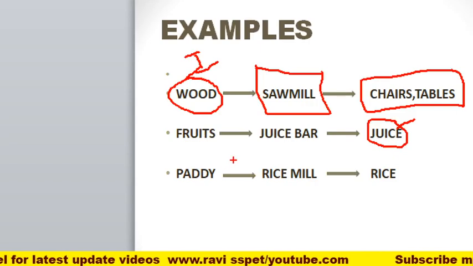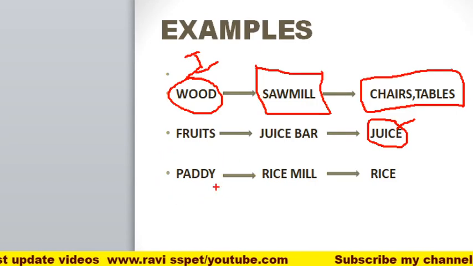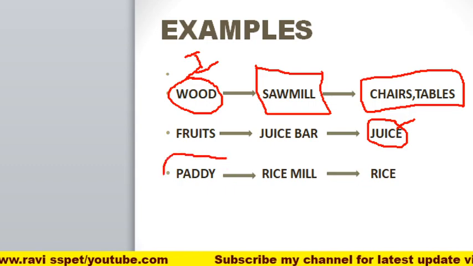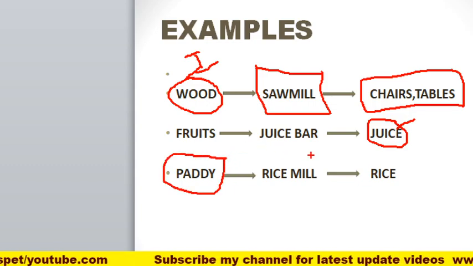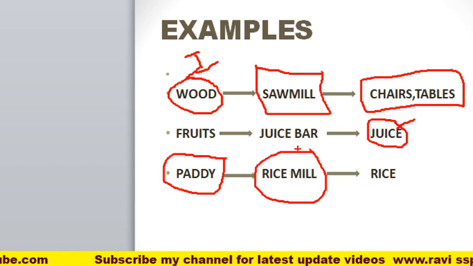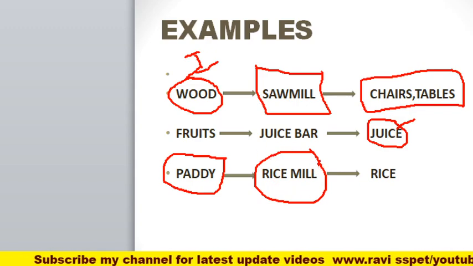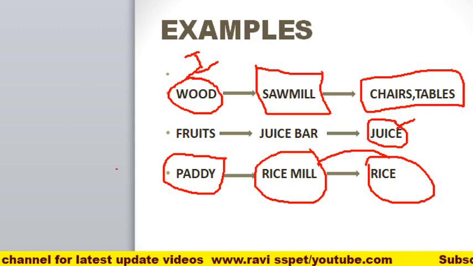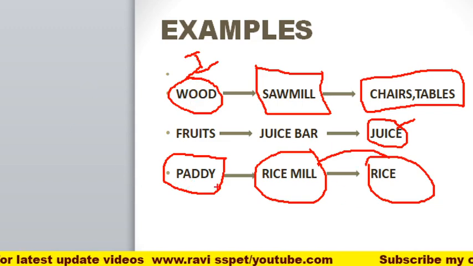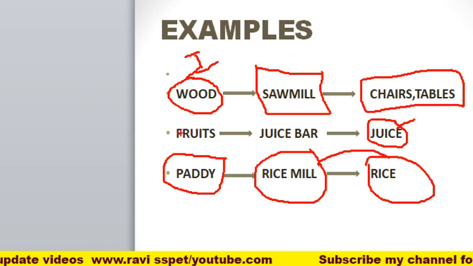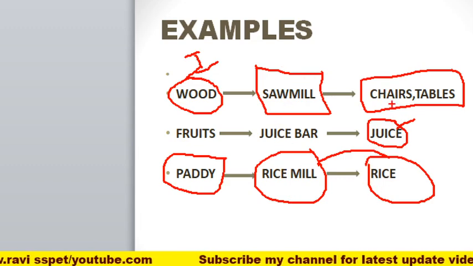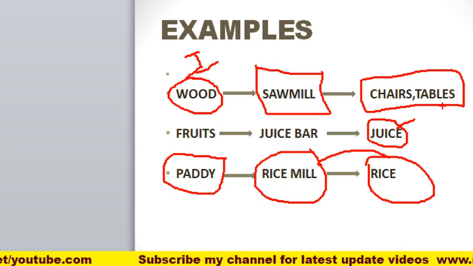Next example, paddy. Before rice, the product is paddy. This paddy goes to the rice mill, where it is processed and the next product is rice. That means all these are the inputs. These inputs are processed here. After that, these are the results, that means these are the outputs.